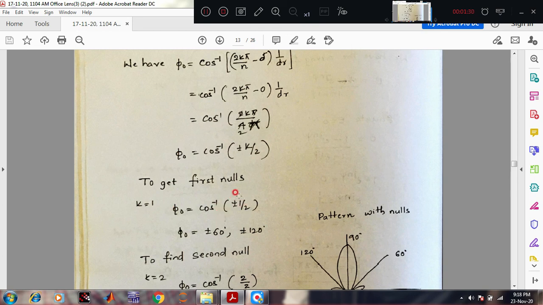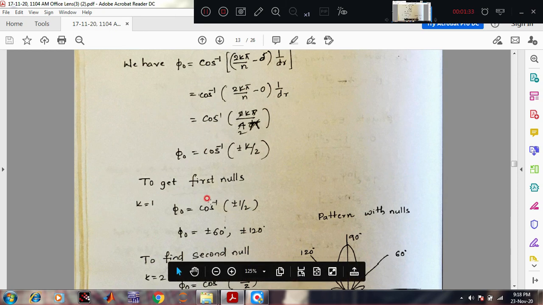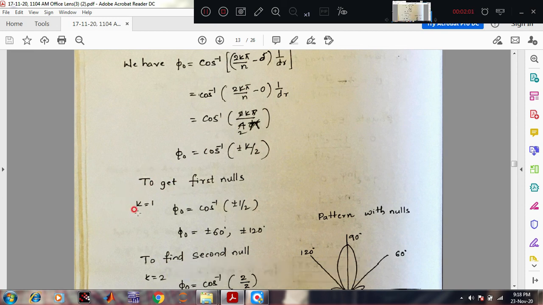So the angle value will be plus or minus 60 degrees, or else plus or minus 120 degrees. This results in 4 angles, that is plus 60, minus 60, plus 120, minus 120. These are the 4 angles wherein the directions of nulls occur. This is for when k is equal to 1.